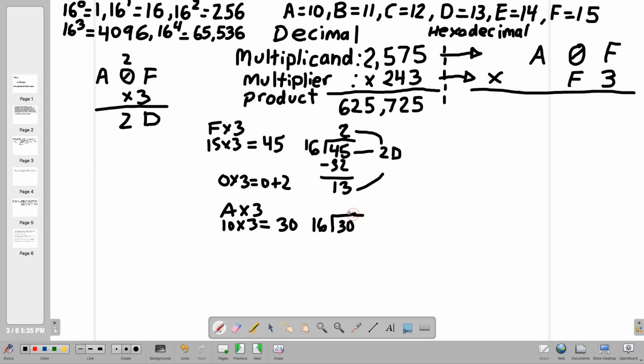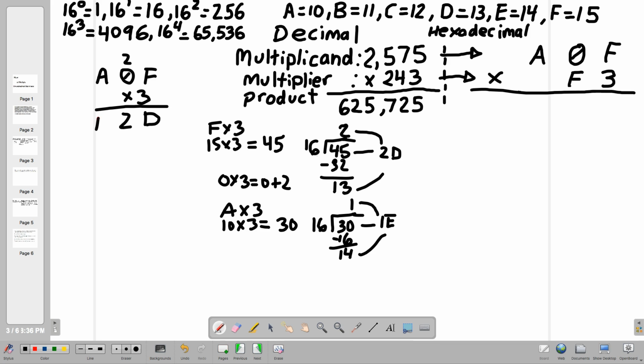16 goes into 30 one time. And 16 times 1 is 16. So we're going to take 30 minus 16, and that's 14 as a remainder. And so that says that the decimal value 30 is represented in hexadecimal as 1E, because E represents 14.